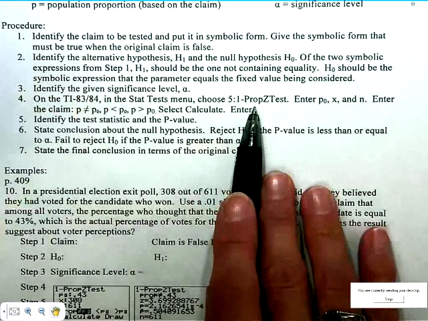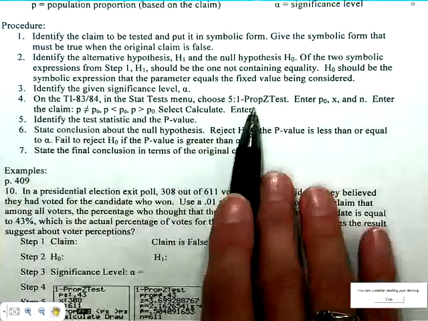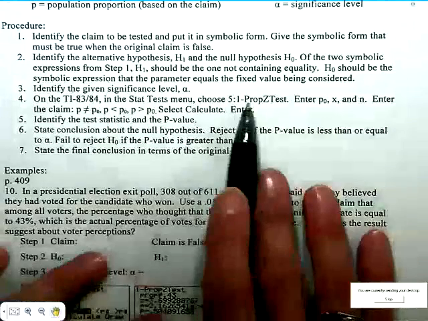That was one prop z int. The prop was proportion and the int was interval. We're not finding a confidence interval now. We're doing a hypothesis test for proportion. So find one prop z test.